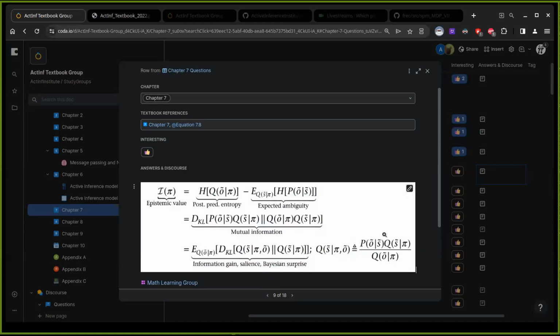And here's essentially a factorization, probably derivable from the Bayesian theorem and the sparsity of the generative model. P of O given S is like the A matrix. Q of S given pi is basically the B matrix. And then this is the downstairs bit, which was seen up here. Ali?